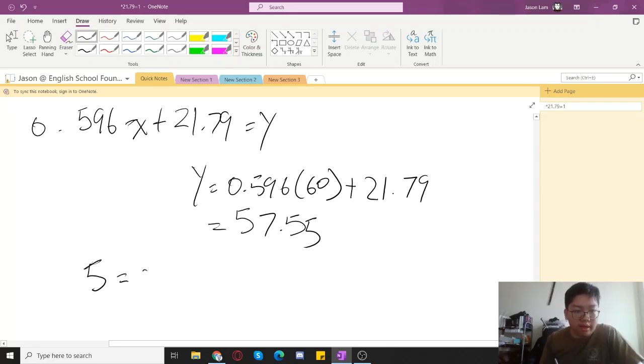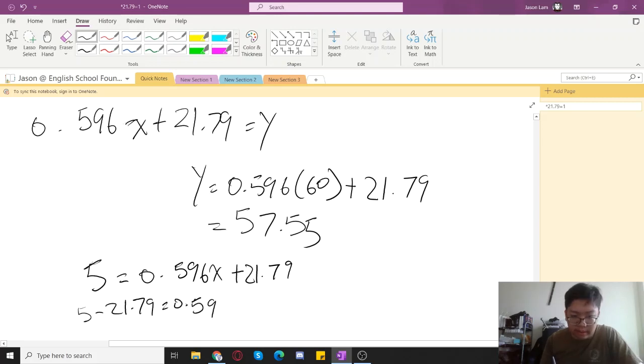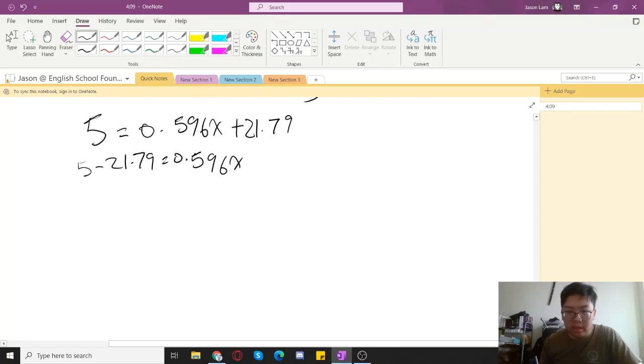So let's just write it out again. So 0.596x plus 21.79. 5 minus 21.79 equals 0.596. Yep, that makes sense, because we're using our equation for the linear regression. Let's see.